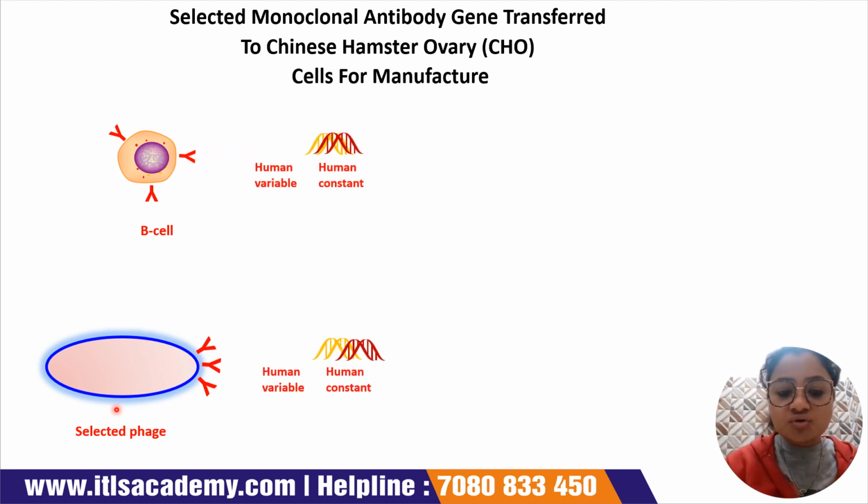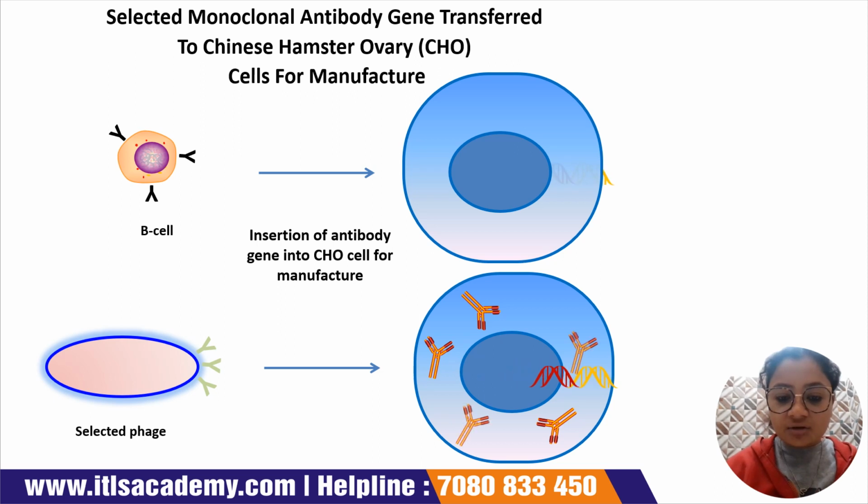We are isolating both the genes, taking them out from the B cell as well as the selected phage. After that, we are inserting this antibody gene into the Chinese hamster ovary cell for upgrading the manufacturing process of the monoclonal antibody, because the monoclonal antibody is already formed utilizing the selected phage.